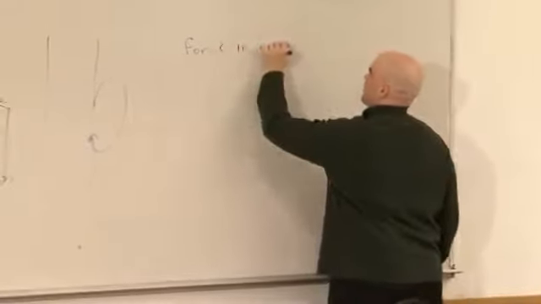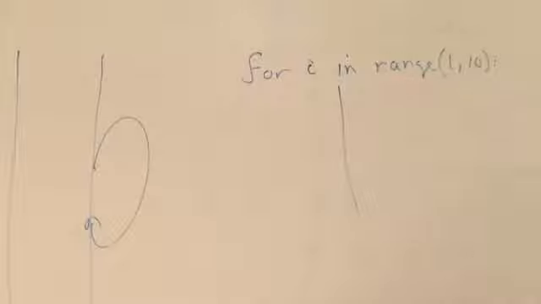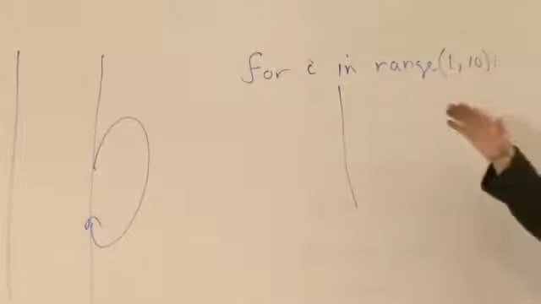What this for loop does is, this is the range function, so we'll talk about this a little bit later, but all it does is give me all the numbers from 1 to 9. It goes one past. You don't need to know that just yet.